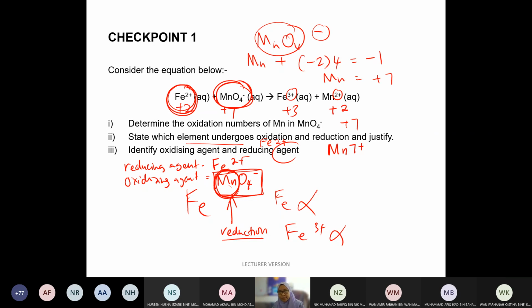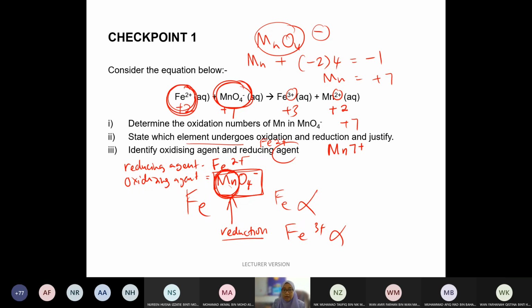But it's like this. You are already triggered when you see MnO4 initially has 4 oxygen and later has no oxygen. So you can tell that it should be reduction. Manganese undergoes reduction because of loss of oxygen, so that is the characteristic of reduction.